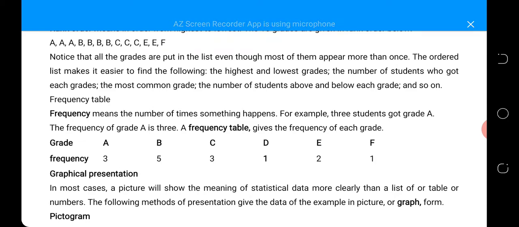For example, in the example given above, 3 students got grade A, 5 students got grade B, 3 students got grade C. One student got grade D, 2 students got grade E, and 1 student got grade F. So the number that corresponds to each grade represents its frequency.